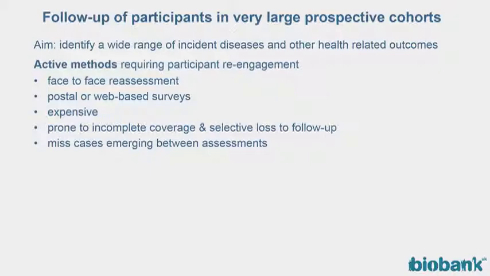Postal or web-based surveys can be used. These types of methods are, relatively speaking, quite expensive and become more expensive with very large cohorts. And they're also, importantly, prone to incomplete coverage and selective loss to follow-up. And they can only be done at particular points in time, and so they will miss cases emerging between assessments, depending on the nature of those assessments.